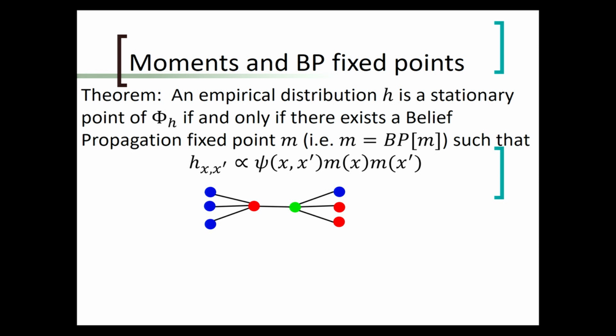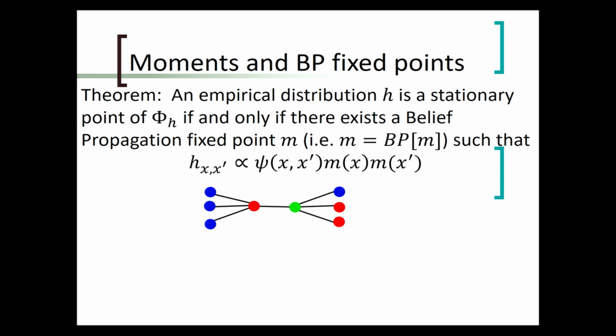Well, belief propagation will come in again. It turns out you can describe the maximizers of this function in terms of fixed points of the BP equation, m equals BP of m.